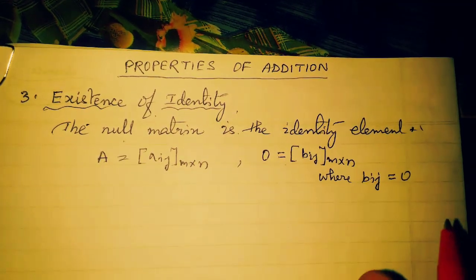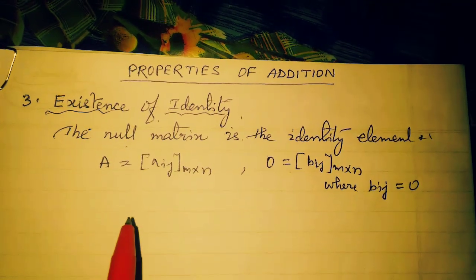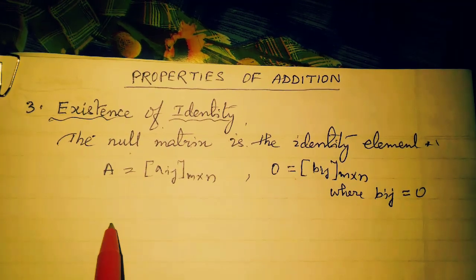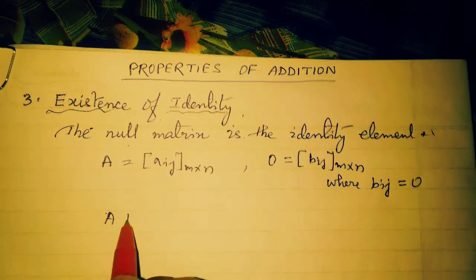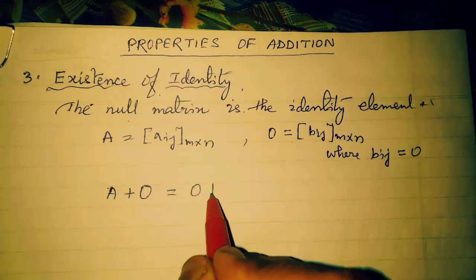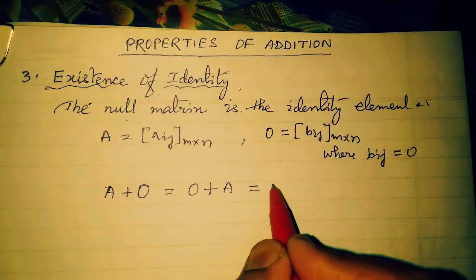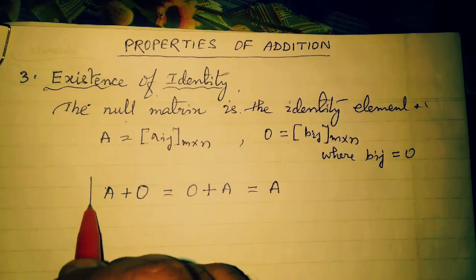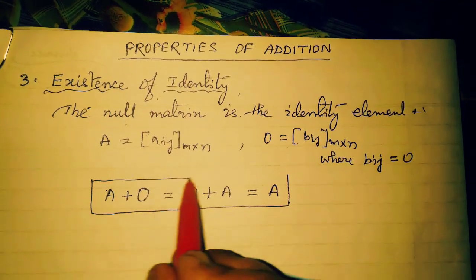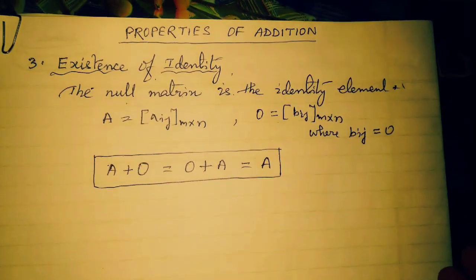That means if the null matrix is added with the given matrix A, there will be no change in the value. A + O or O + A will always be A. So this is the property, the existence of the identity matrix.